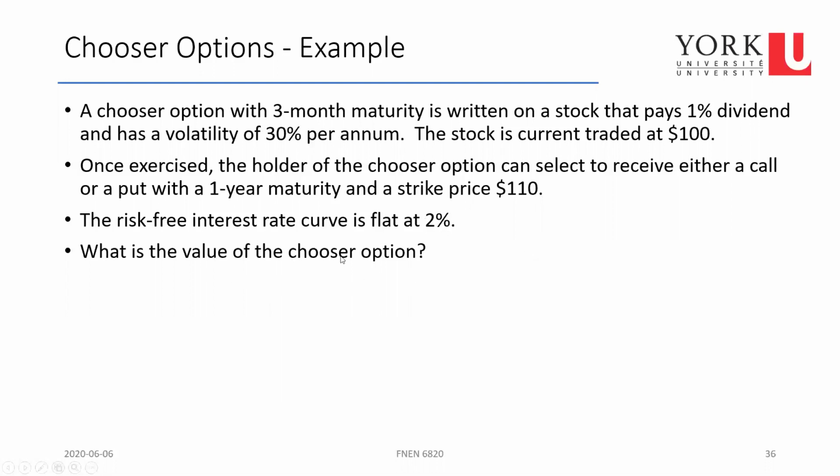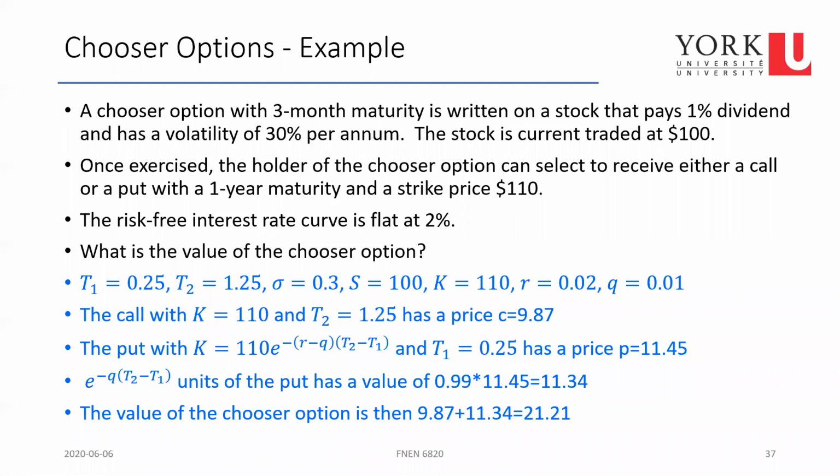Then we can price the chooser option based on the formula we just described. In this case, T1 is 3 months, which means 0.25 year, and T2 is 1 year plus 3 months, so 1.25.